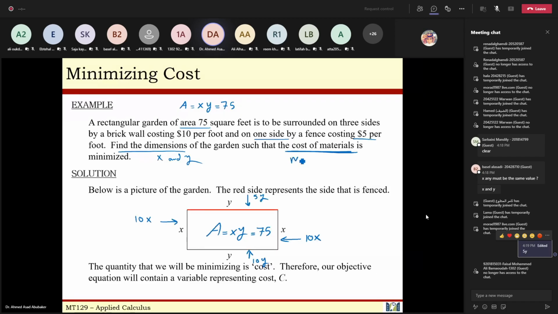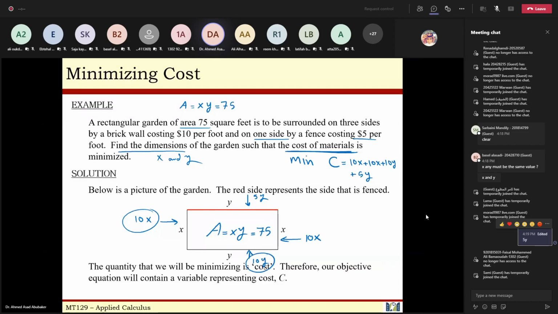So we need to minimize the cost. The cost equals 10x plus 10x plus 10y plus 5y. This is the cost, because on this side we have a cost of $10 per foot, so 10 multiplied by x. On this side 10y, on this side 10x, but the fourth side 5y.